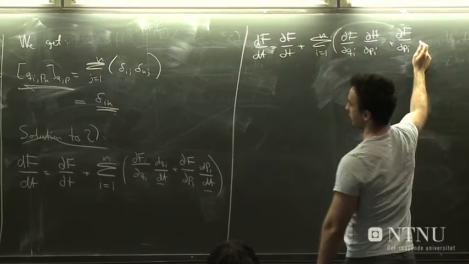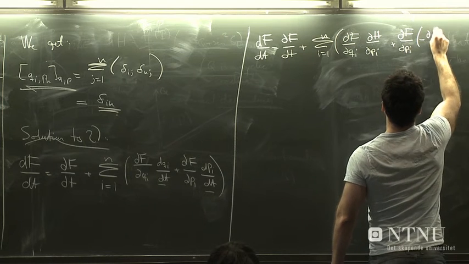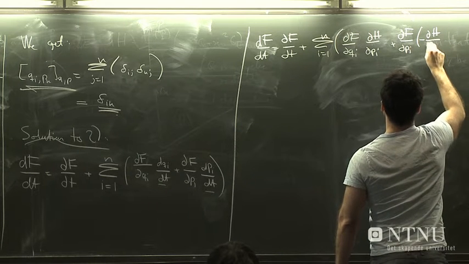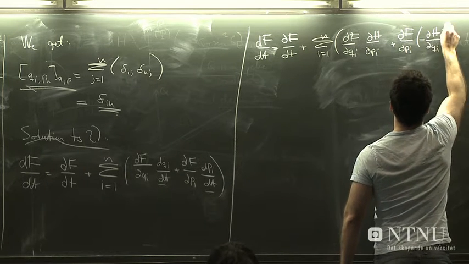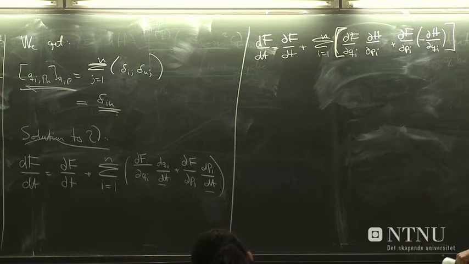And the second one is p dot, which is equal to minus dH/dq_i. Like this. This is what you had in mind? Okay. So what's the next step?